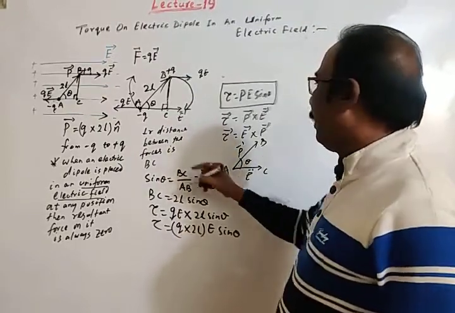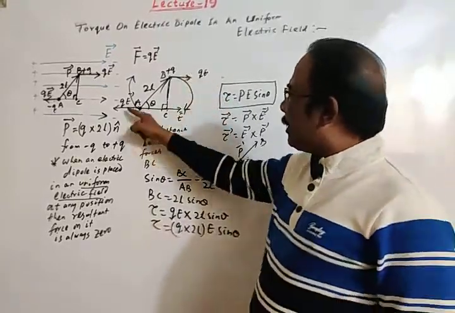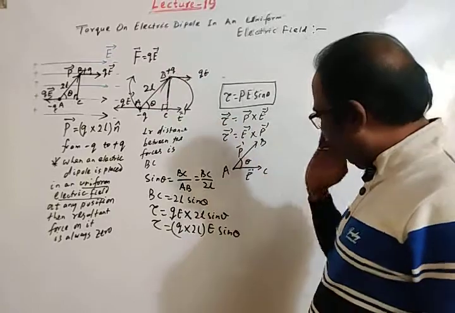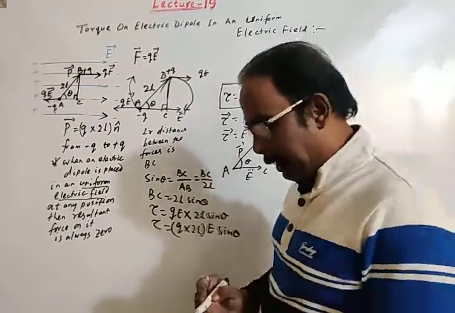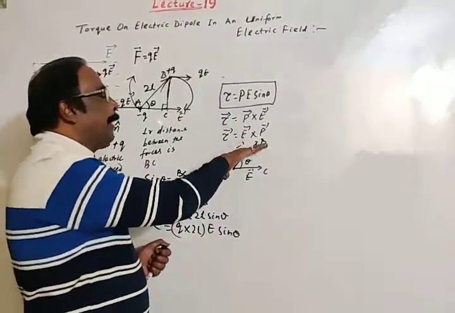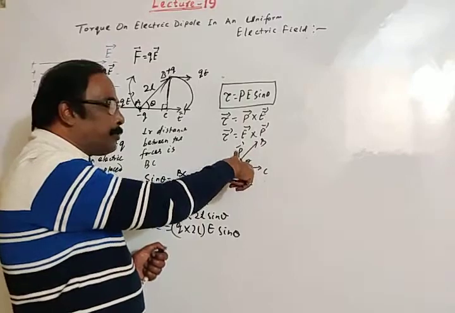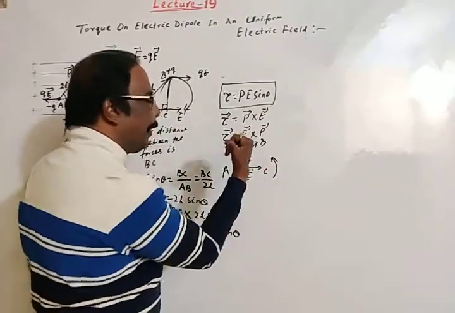This angle is theta. Okay, then as we have observed rotation in clockwise order, if you take P cross E, according to the right hand thumb rule, P cross E shows clockwise, but E cross P shows anti-clockwise.